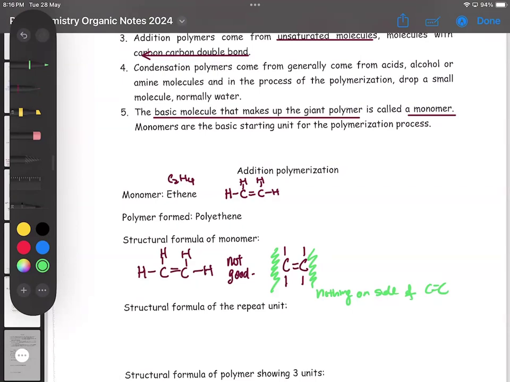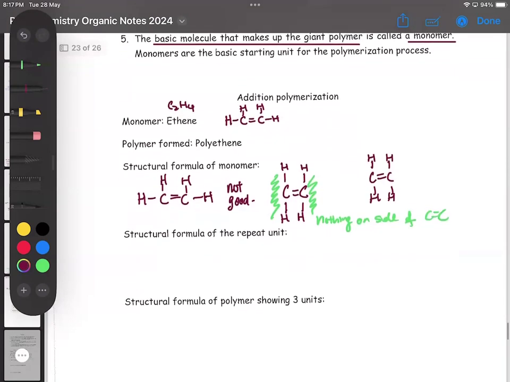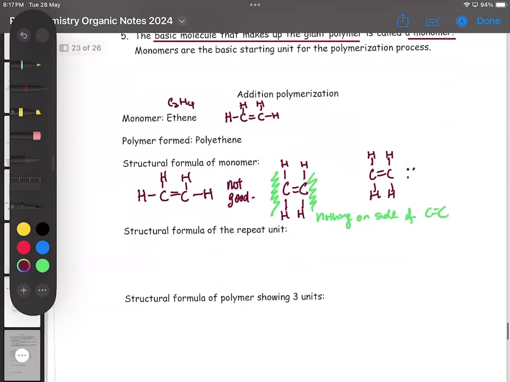If you ask me why, we'll see in a second. So to fulfill the correct formula for your ethene, very logically, I will have 2 H on the top following the original structure, and the 2 hydrogens that were on the side, we can put below. So this is the structural formula of your ethene drawn for the sake of addition polymerization. This is how we should draw it. This is not how we will draw it.